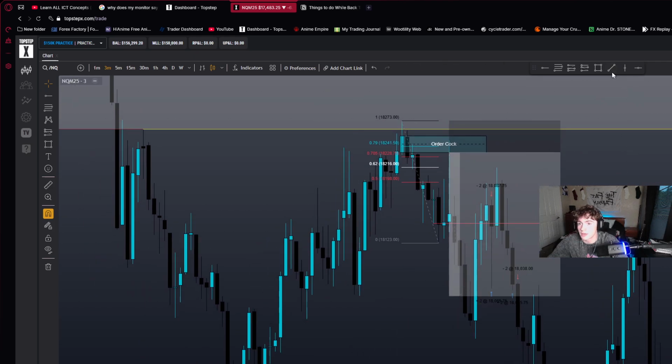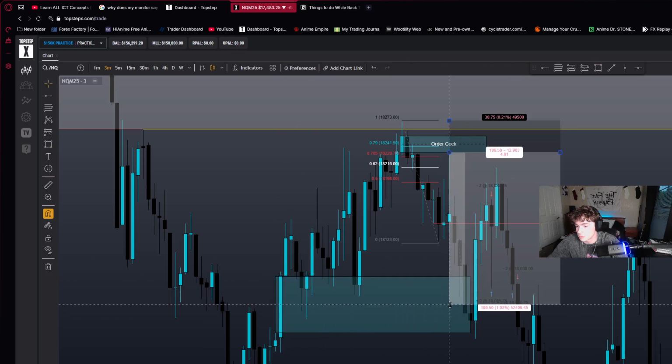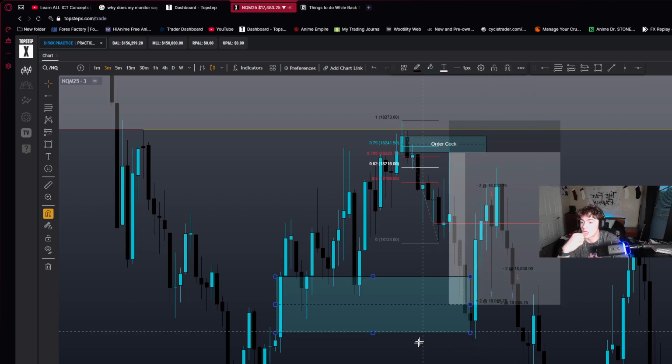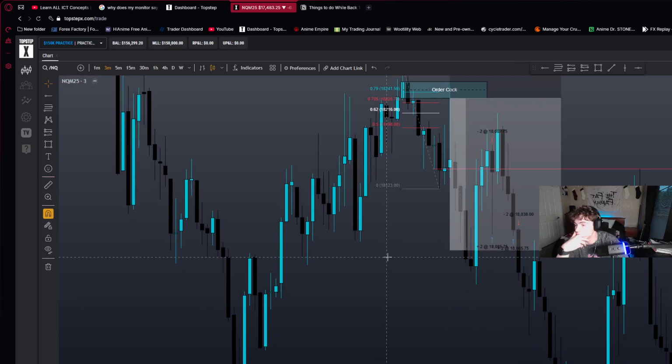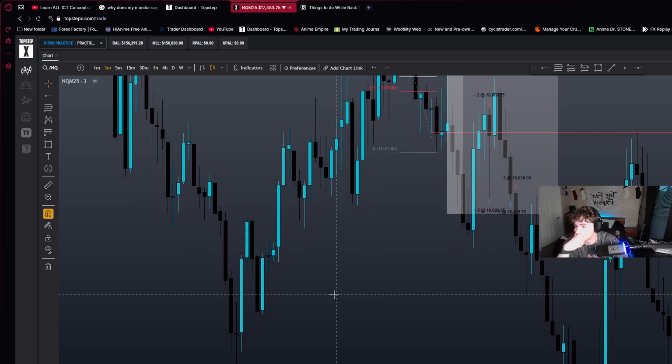Let's see. We have a fair value gap right here we could use as take profit. Bang, right there. The consequent encroachment. Good take profit right there. We could also use the point of break of structure.